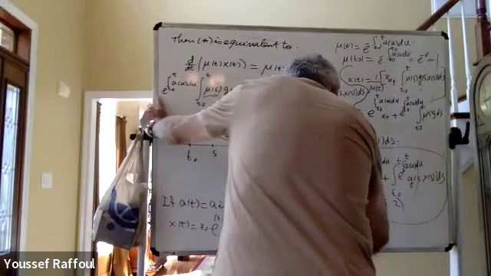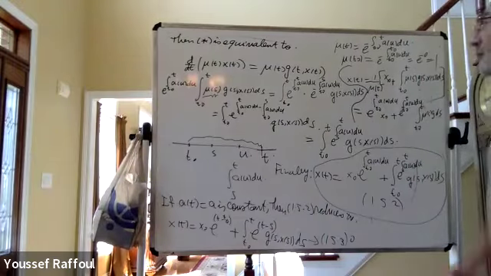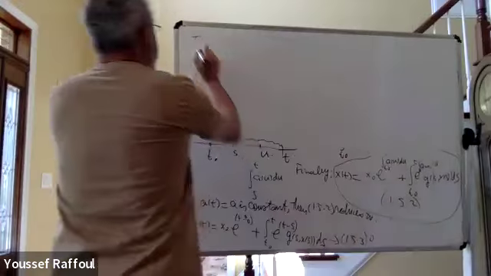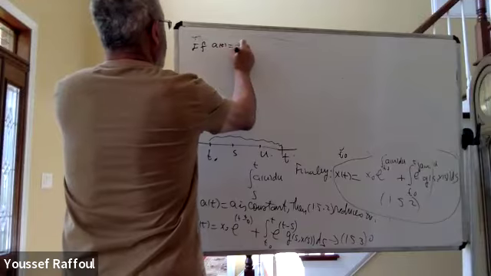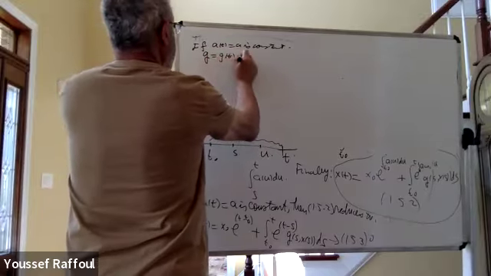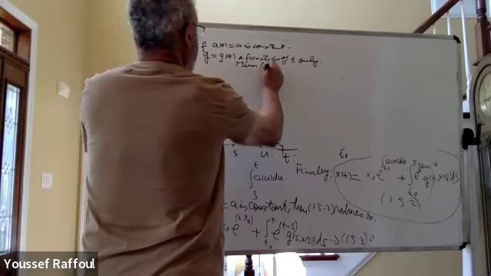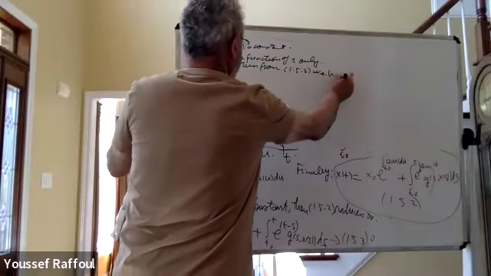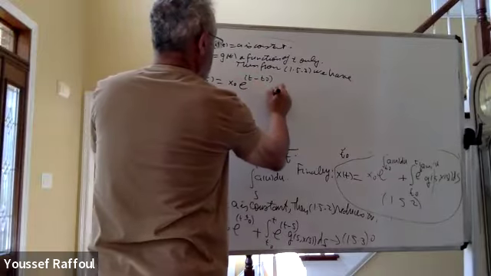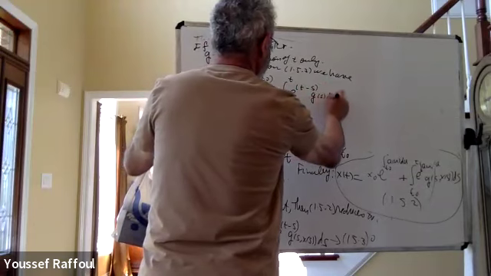So let's call this 1.53. Then if a of t equal a is constant and g equal to g of t, a function of t only, then from 1.53 we have x of t equal to x naught e to the a times t minus t naught plus the integral from t naught to t of e to the a times t minus s g of s ds.